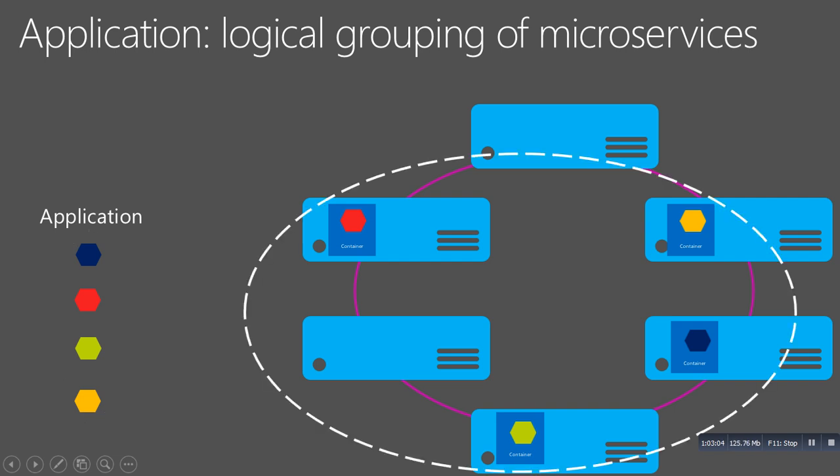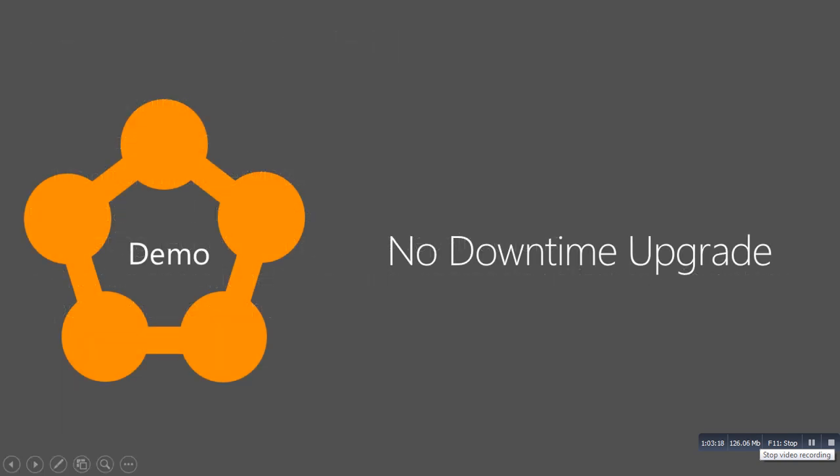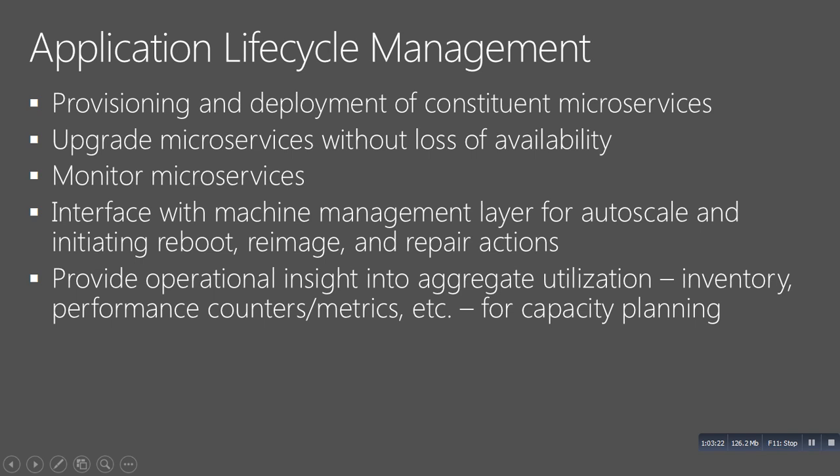We have discussed all this earlier, so I don't want to delve into more detail. It interfaces with the fabric management layer for auto scale and initiating reboot, repair and replace actions. It provides operational insight into aggregate utilization, inventory, performance counters, metrics, etc. for traffic management.